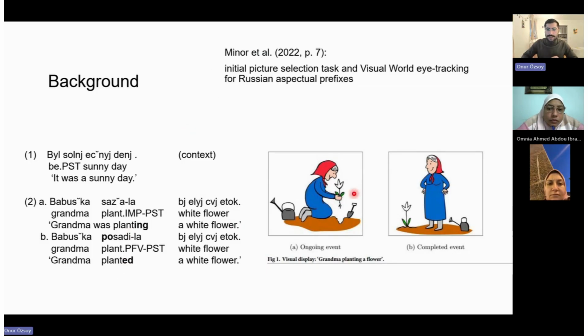But ultimately, what they have is two pictures. One shows an ongoing event. So, for example, grandma was planting the flower, so the event is still happening, and a completed event.